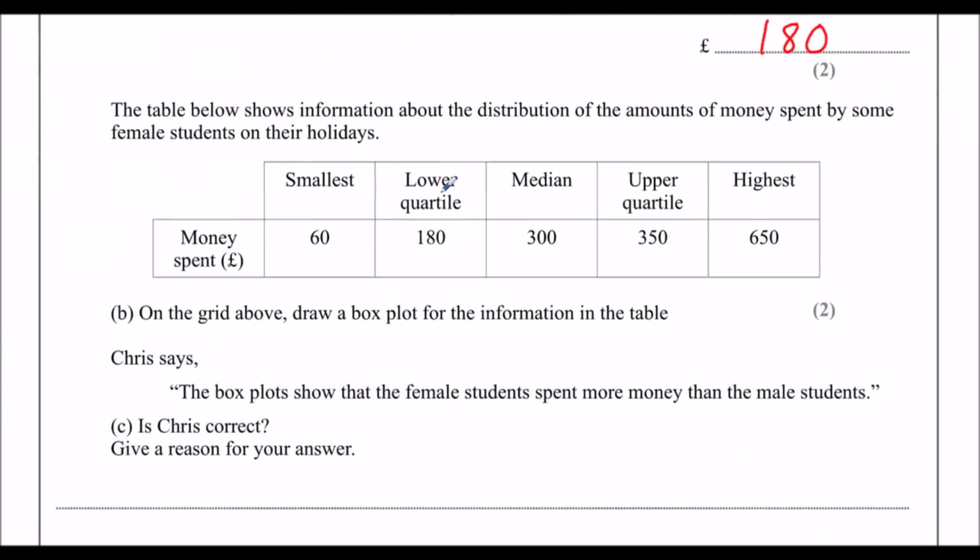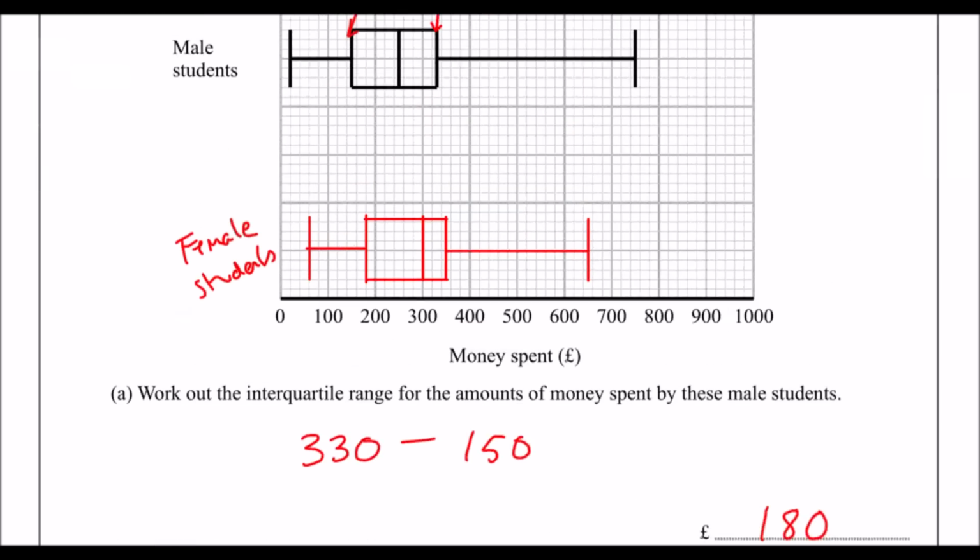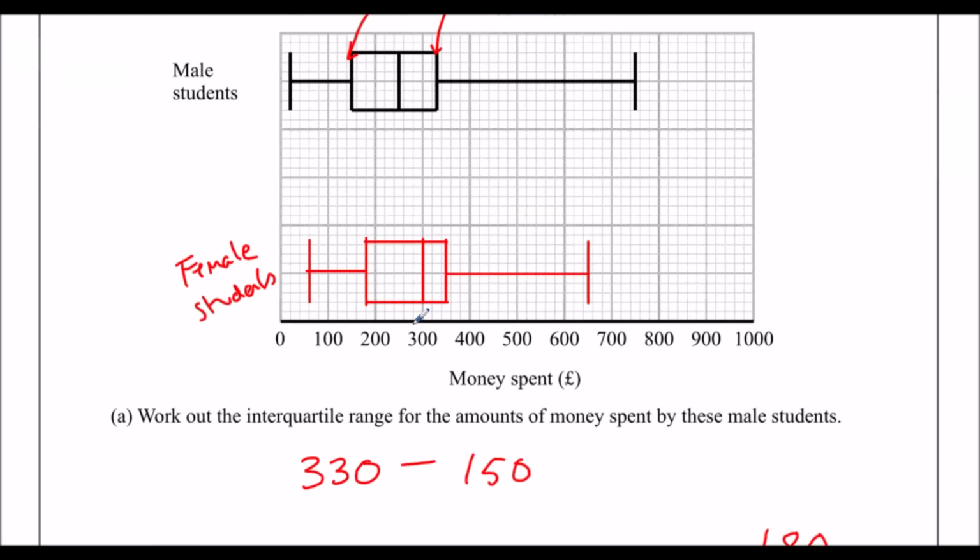Chris says the box plots show that female students spent more money than male students. Is Chris correct? So we could argue this both ways. We could say yes because the median's more. Or you could also say no, the highest amount was more for the males, so they spent more.